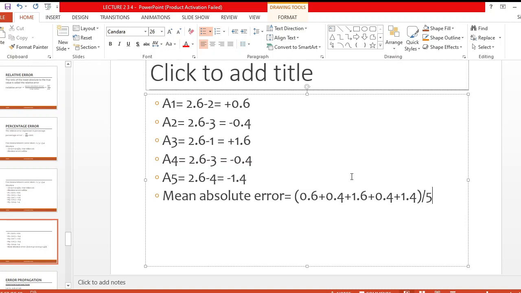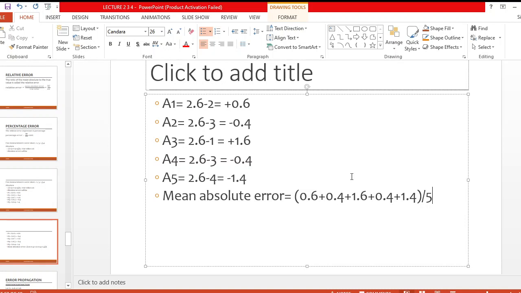Okay, 0.6 plus 0.4 plus 1.6 plus 0.4 plus 1.4.